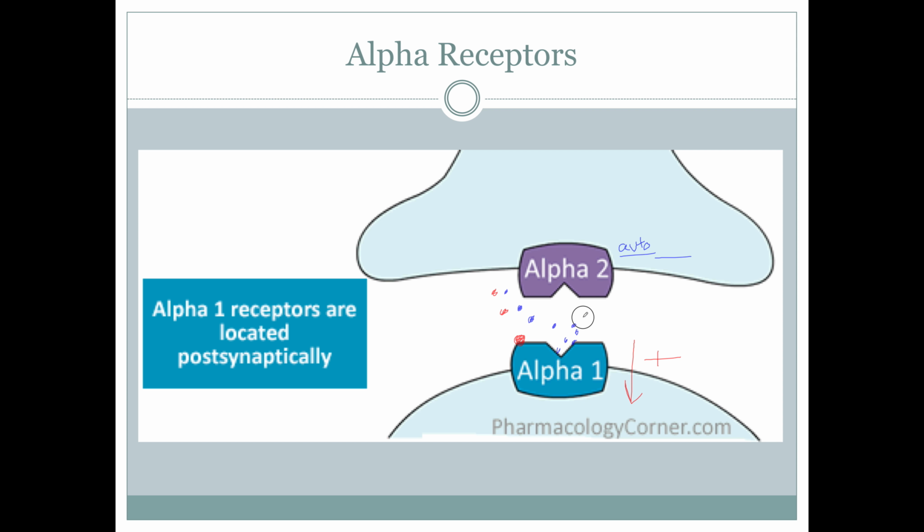When there's an excess of that neurotransmitter, so we had a whole bunch of release of something like norepinephrine, when there's so much flooding the synapse, some is bound to bind to this presynaptic receptor. This is going to signal to this presynaptic cell that it's released more than enough of that neurotransmitter.